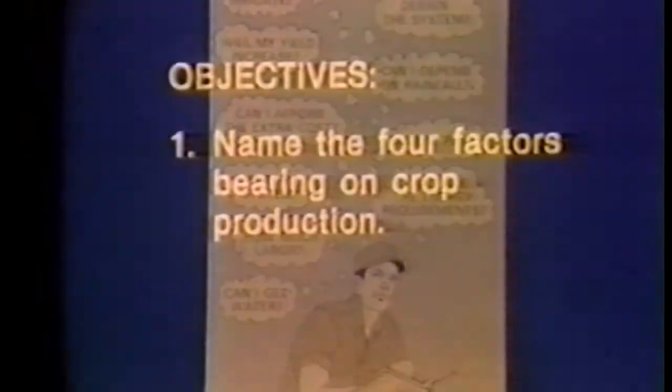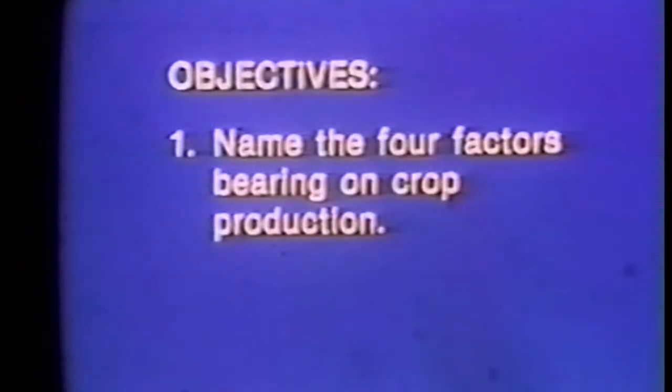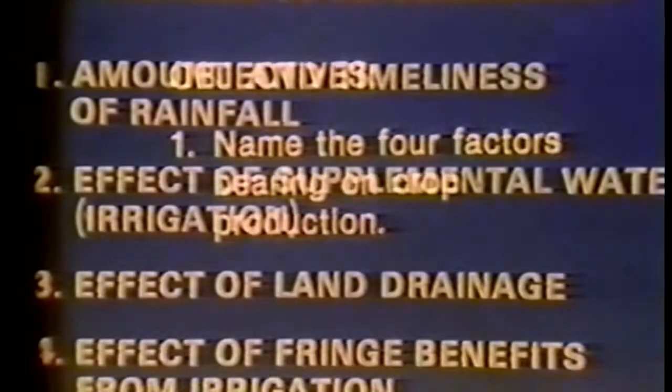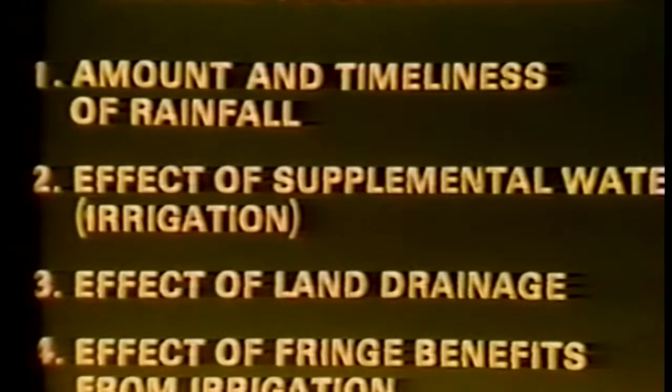You can see there are many factors that a farmer must consider in deciding whether or not to irrigate. In summary, the four factors which have a bearing on crop production as it relates to irrigation are the amount and timeliness of rainfall, the effect of supplemental water, the effect of land drainage, and the fringe benefits.